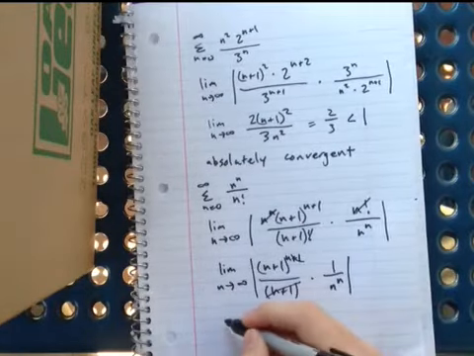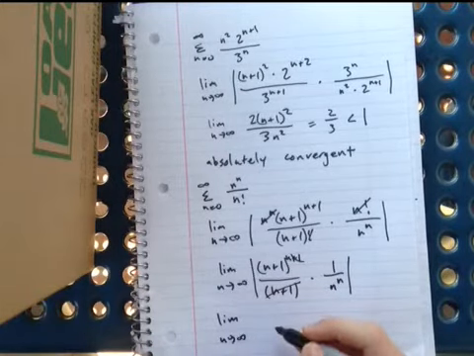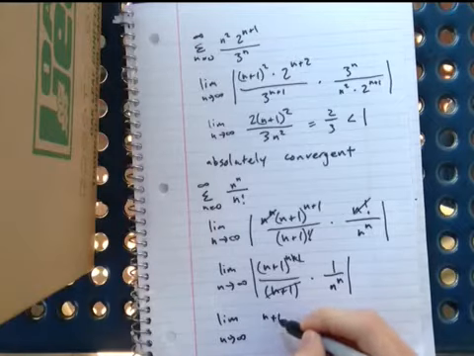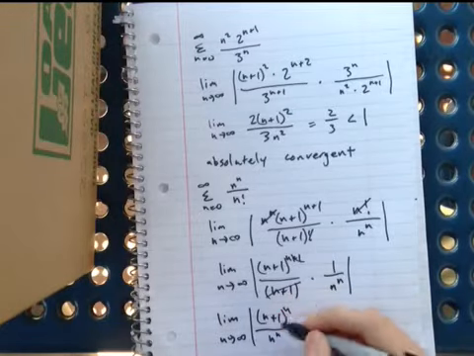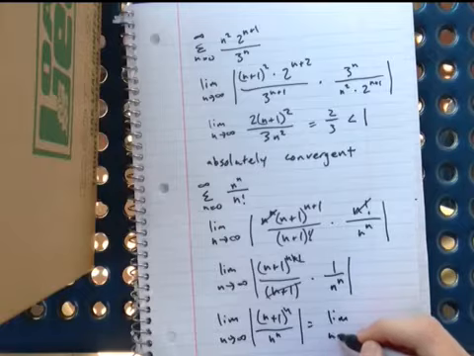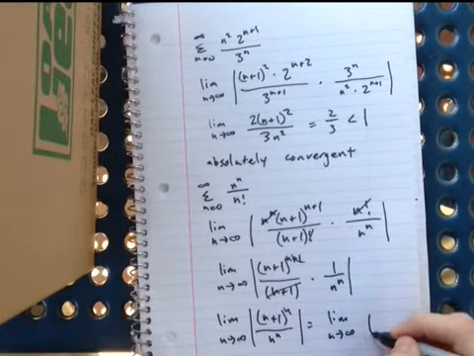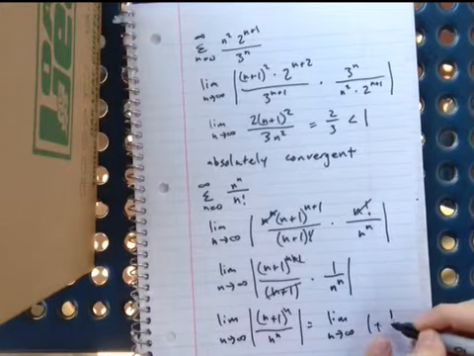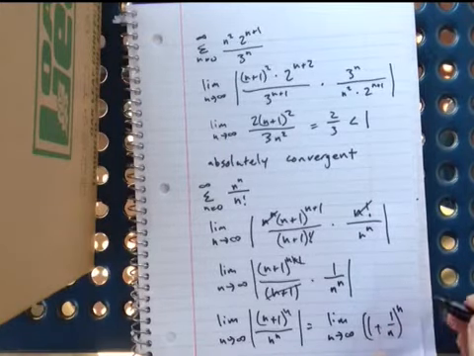So now you have the limit as n goes to infinity of n plus 1 to the n over n to the n, which equals the limit as n goes to infinity of 1 plus 1 over n to the n.